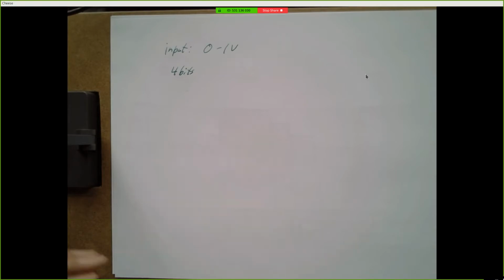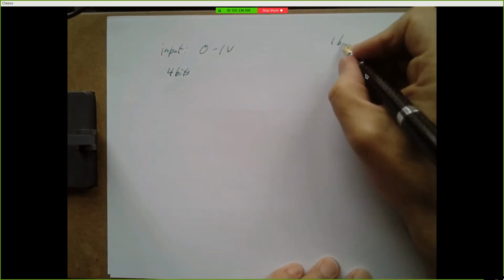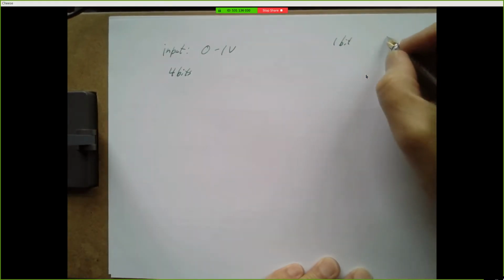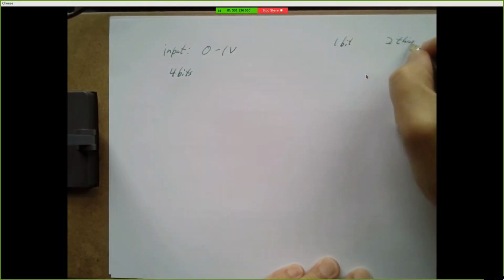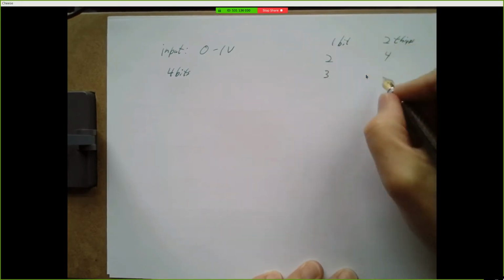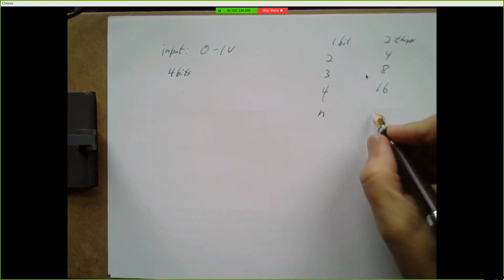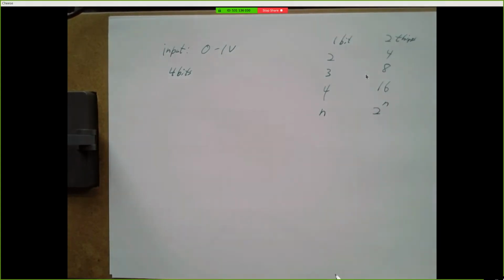No, you were right. 1 bit is actually 2 things, right? 0 or 1. 2 bits you have 4, 3 bits you have 8, 4 bits you have 16. In general, if you have n bits, you can represent 2 to the n different things.